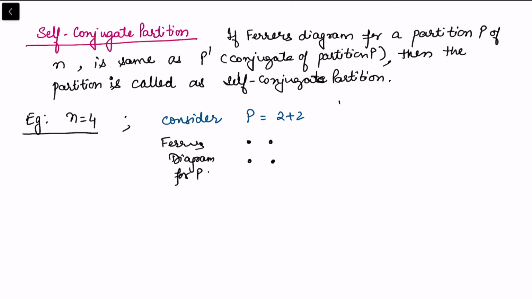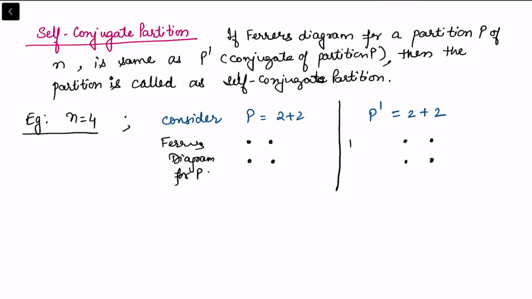Now if I take its conjugate P dash, and read this graph vertically, I notice that the first column has 2 dots and the second column also has 2 dots. So obviously in this case also the Ferrers diagram will be the same.